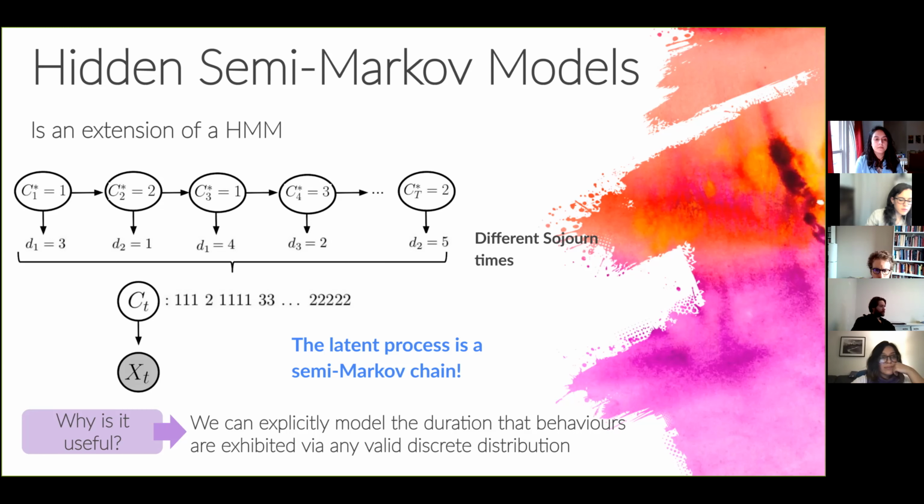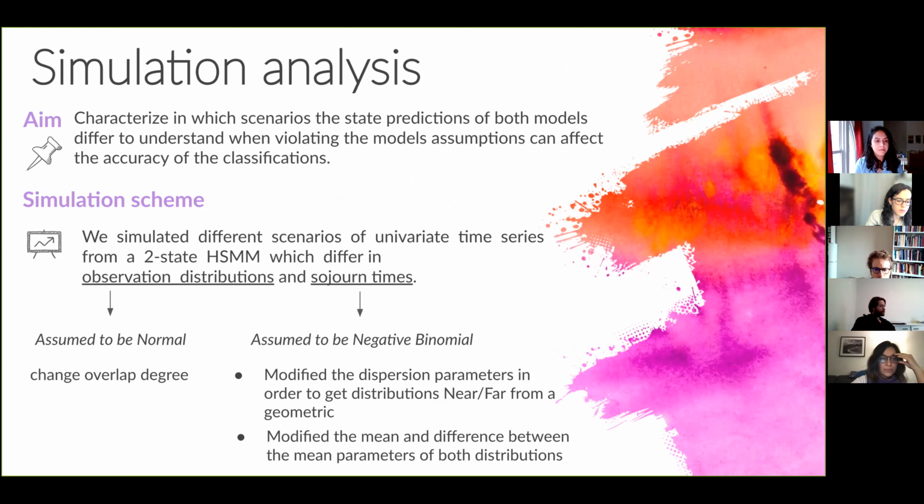So we first conducted a simulation analysis. The aim was to characterize in which scenarios the state predictions of both models, the HMM and the HSMM, differ, to understand when violating the model's assumptions can affect the accuracy of the classifications, and when it was necessary to extend the HMM to an HSMM.